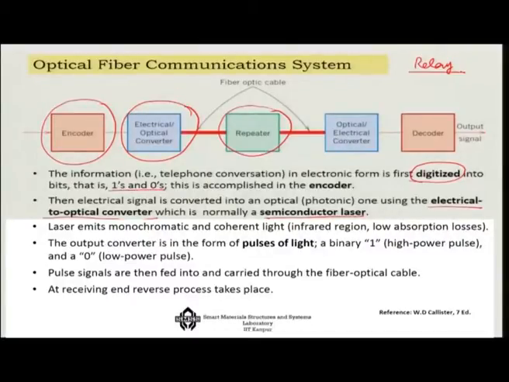The same thing is done here with the help of a repeater. Then at the other end, the signal comes to an optical to electrical converter, and now the signal is in electrical form. Now you need a decoder, and from the decoder you get the output signal. So at the receiving end this reverse process happens and finally you get the output signal. That is how the optical fiber communication system works.